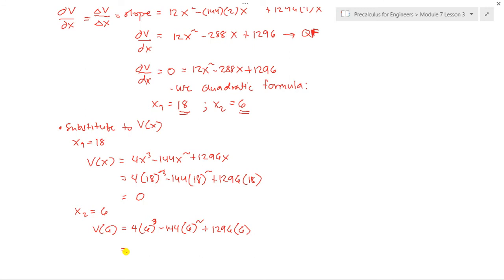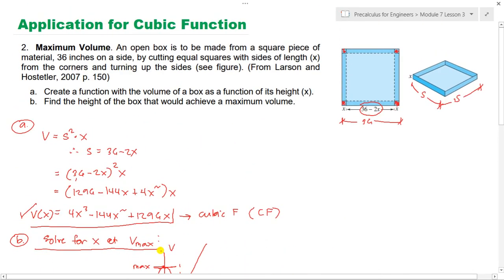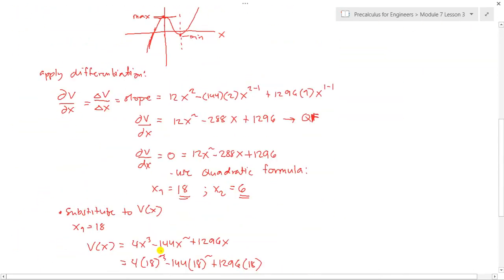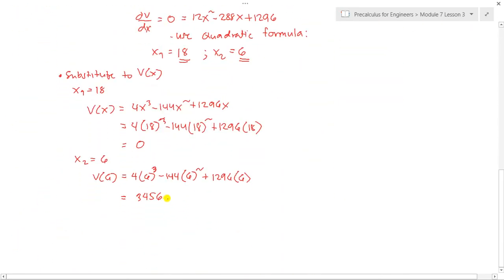The answer is 3456 cubic inches, and this is our Vmax. The 0 cubic inches is not the Vmax; that is the Vmin, the lowest.